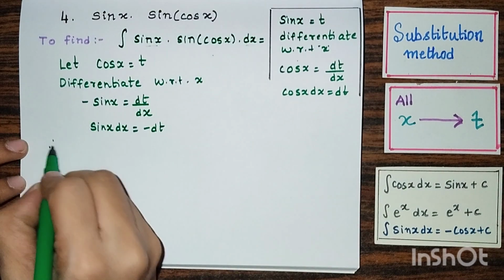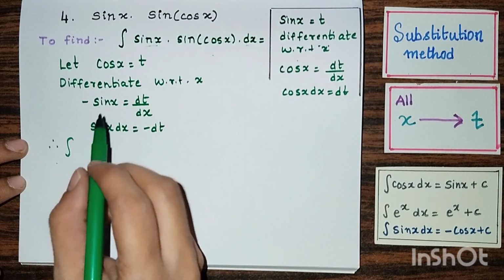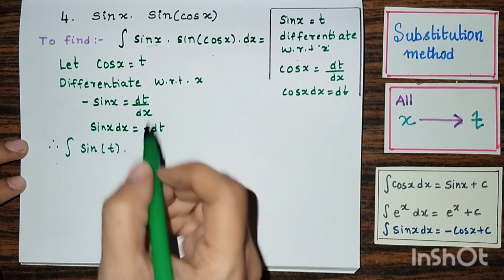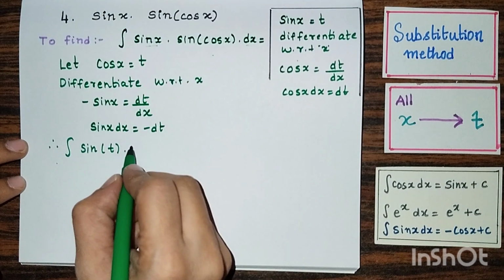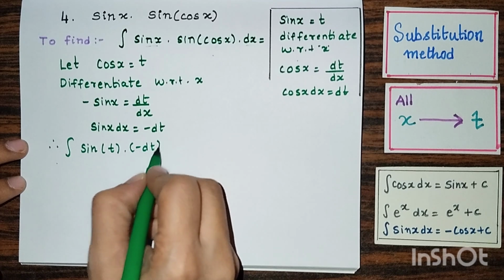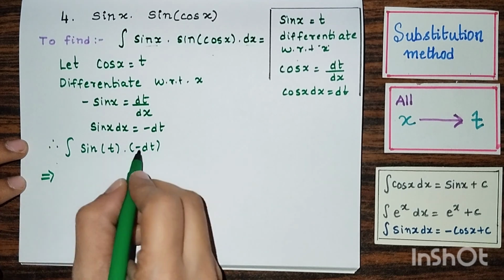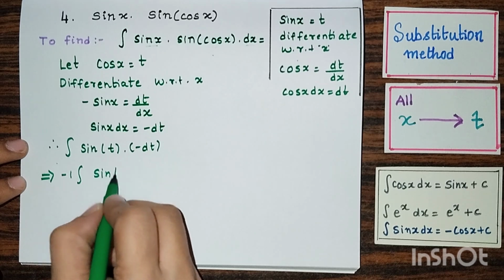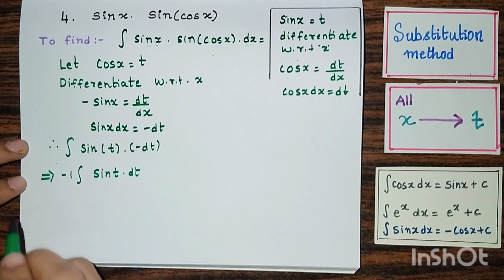Therefore, the integral of, we will write this as sin t, and sin x dx we will write as minus dt. So this implies, let us take minus 1 outside. So this will be the integral of sin t with respect to t.